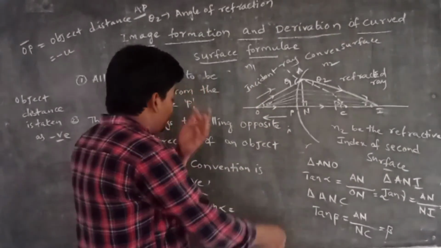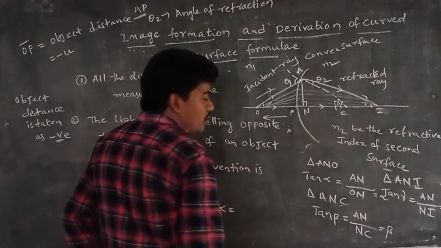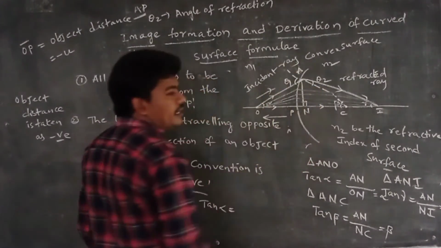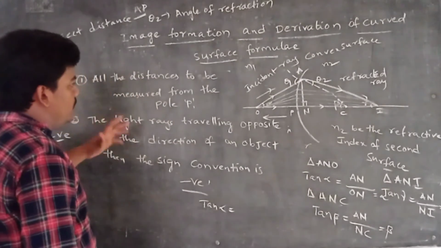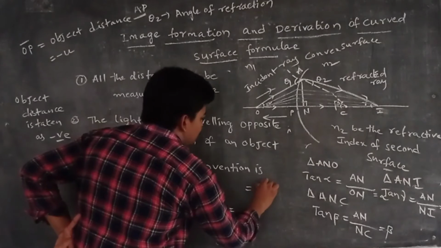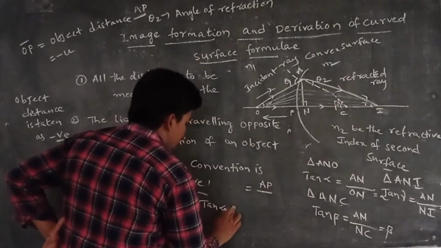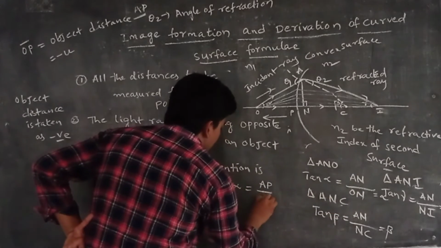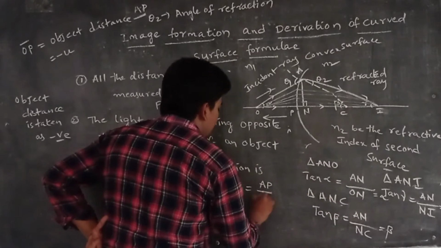N coincides with the point P, so AN coincides with AP. In this derivation, alpha is AP by OM, meaning OP.